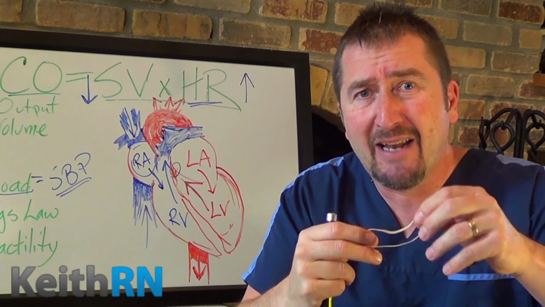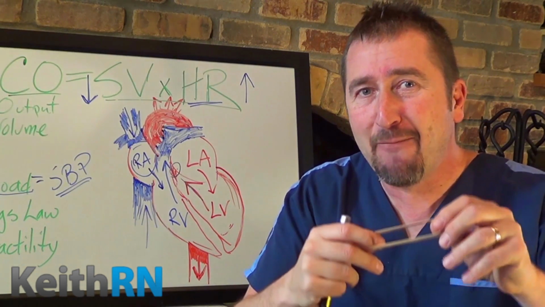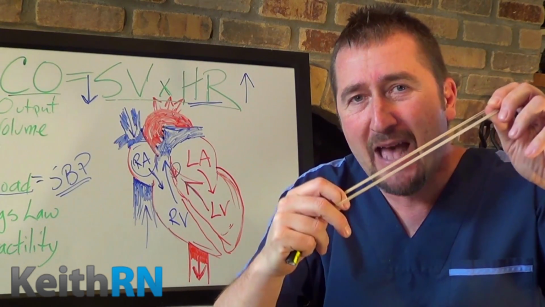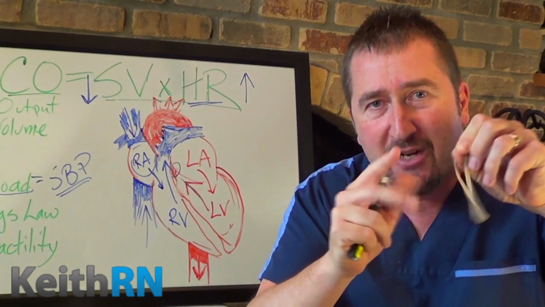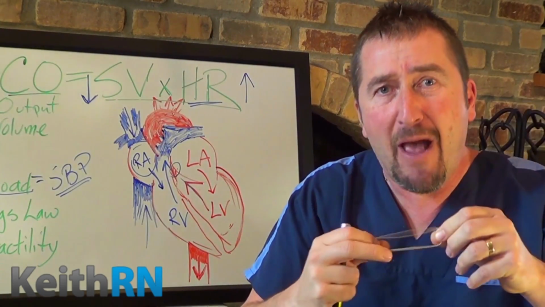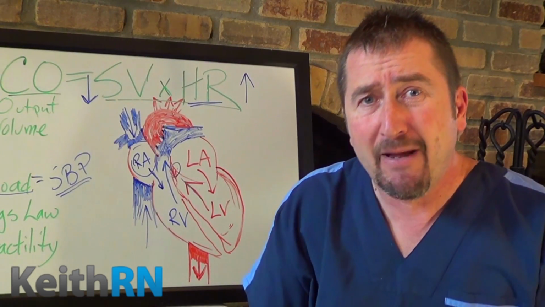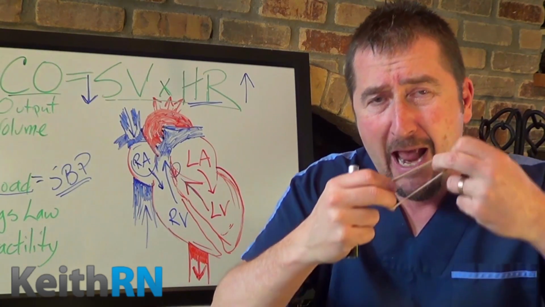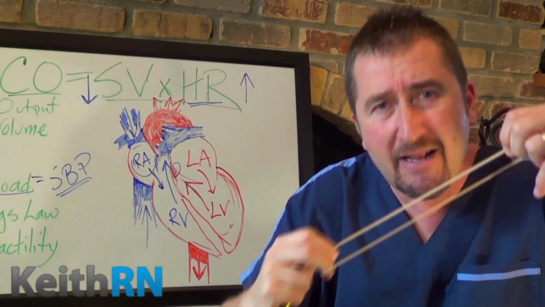If we have an elevated preload, that increased volume is going to stretch that cardiac muscle fiber, and you're going to get a much stronger contractility. Now, as you know, in acute states, that can be no problem. But let's say a patient is in consistent volume overload, and that stretch is consistent for weeks and months.